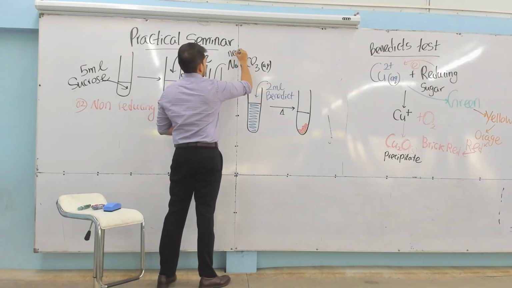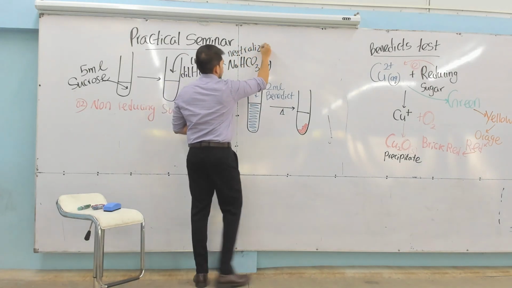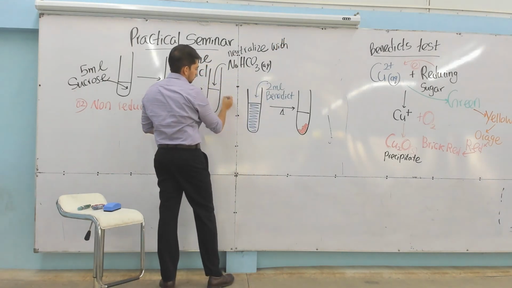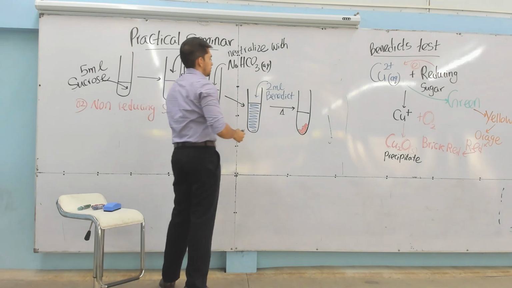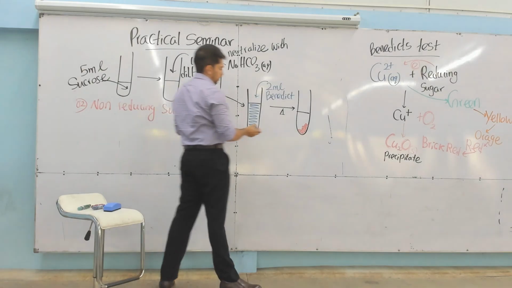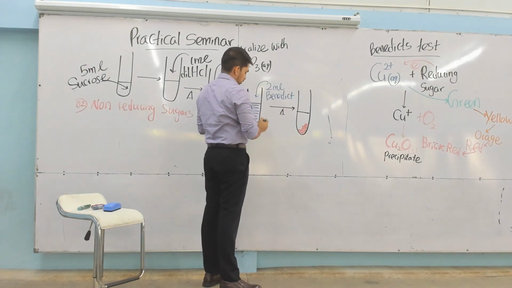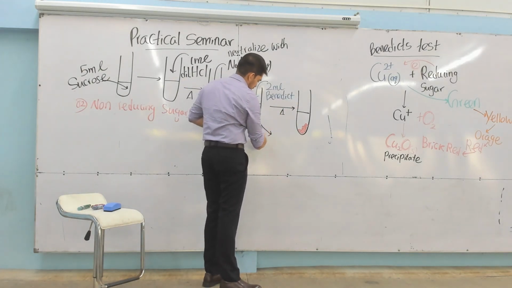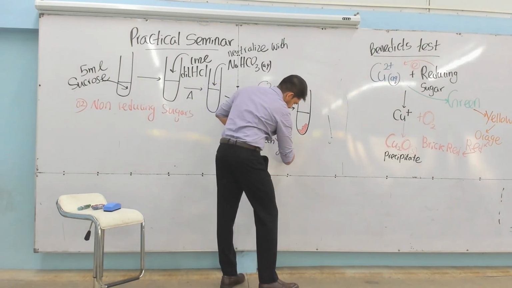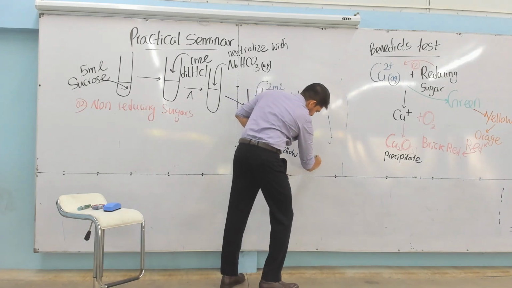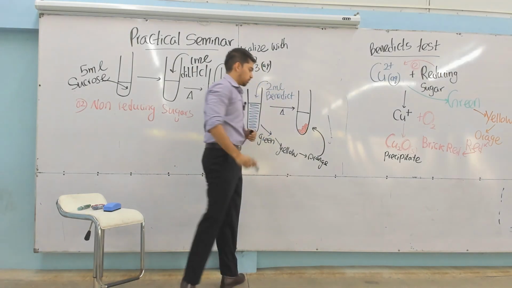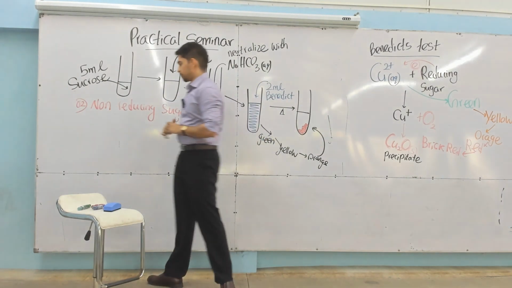So you can say neutralize with sodium bicarbonate. Then you add Benedict's. Then you heat. Then you are going to undergo this color change. What is the color change? Green, yellow, orange, right? You write down the full sequence and you are going to get this. Okay.